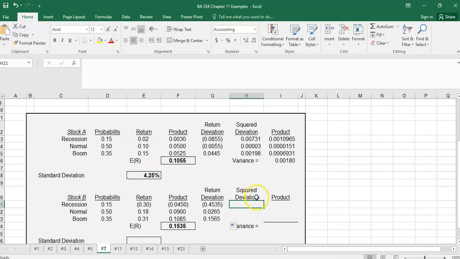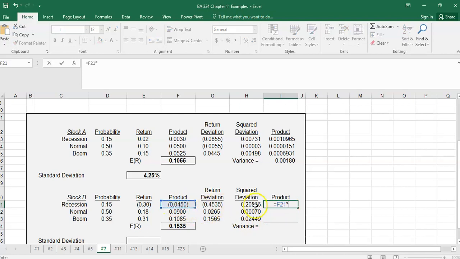Our squared deviation is the deviation to the power of 2. Copy that. And then we have our product times the squared deviation. So it's the squared deviation times the probability of it occurring. Copy that down, and if you want to see the numbers, I'm going to extend.